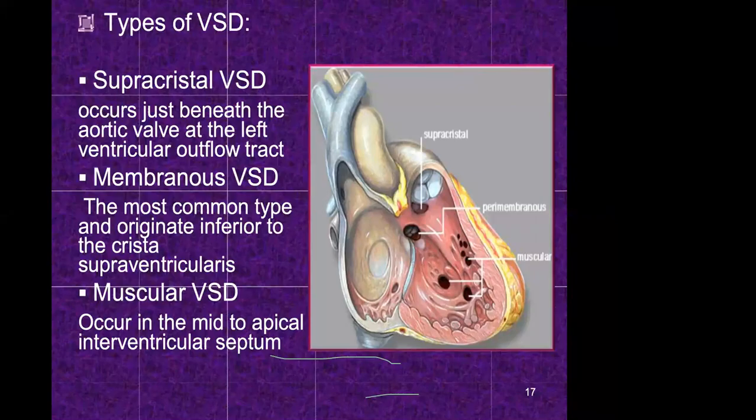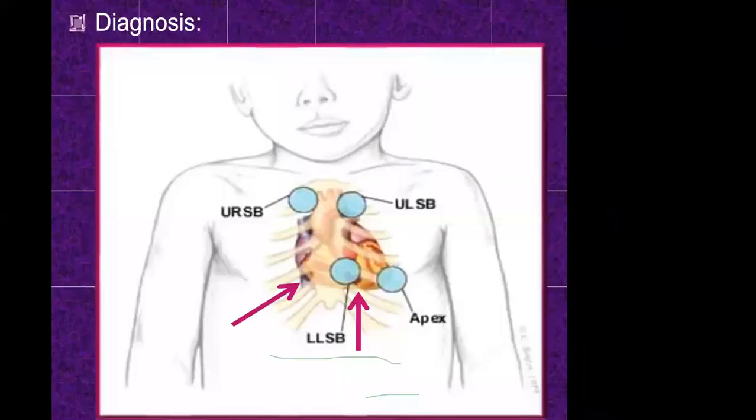So how do you diagnose? So the patient comes to you, okay? And as I said, I'll try to give you memory clues always of the VSD. So you have a phonocardiogram. So what type of murmur will you hear?